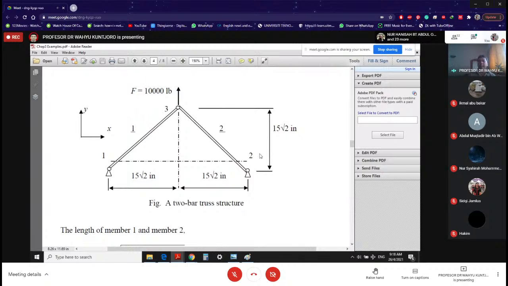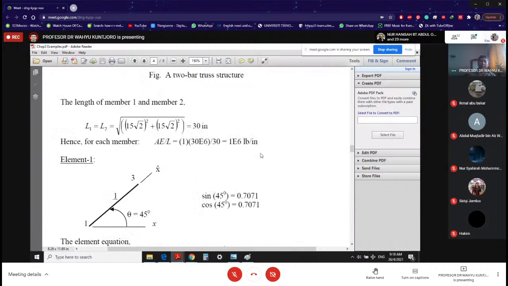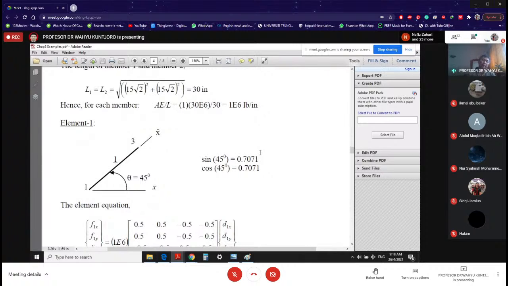So low is 1, high is 3. Yeah, so that is your x local. And because of that, your theta is going to be 45 degrees. Then the sine and cosine you can calculate, okay, as given on the right here.